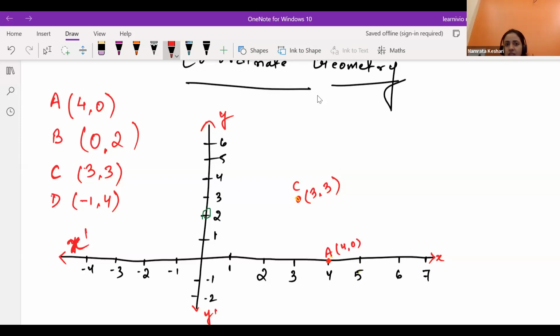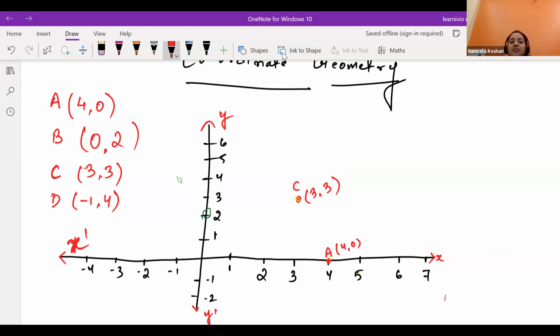Are you trying? You have to annotate. I can see he is trying. Let him do it. Yes, perfect.